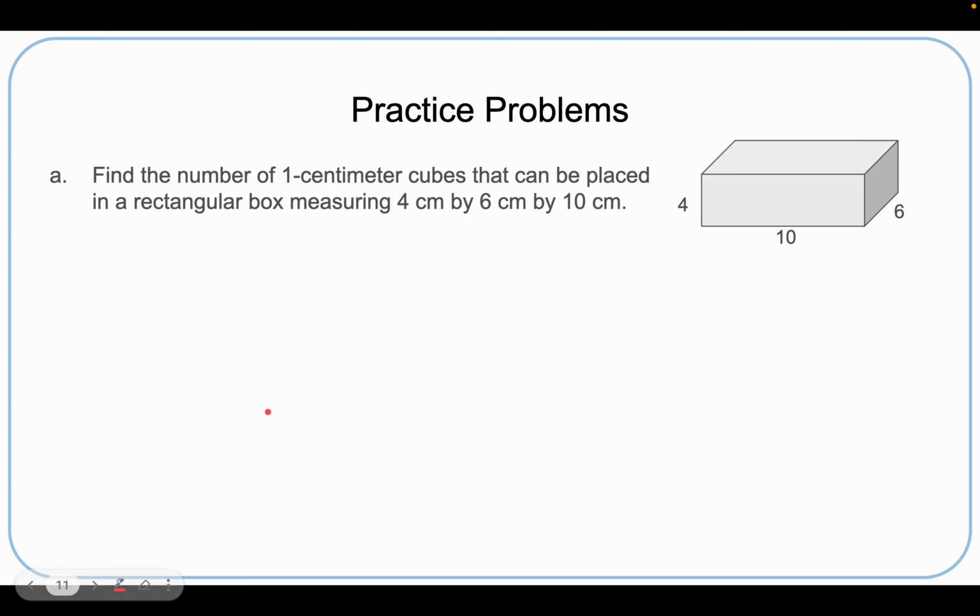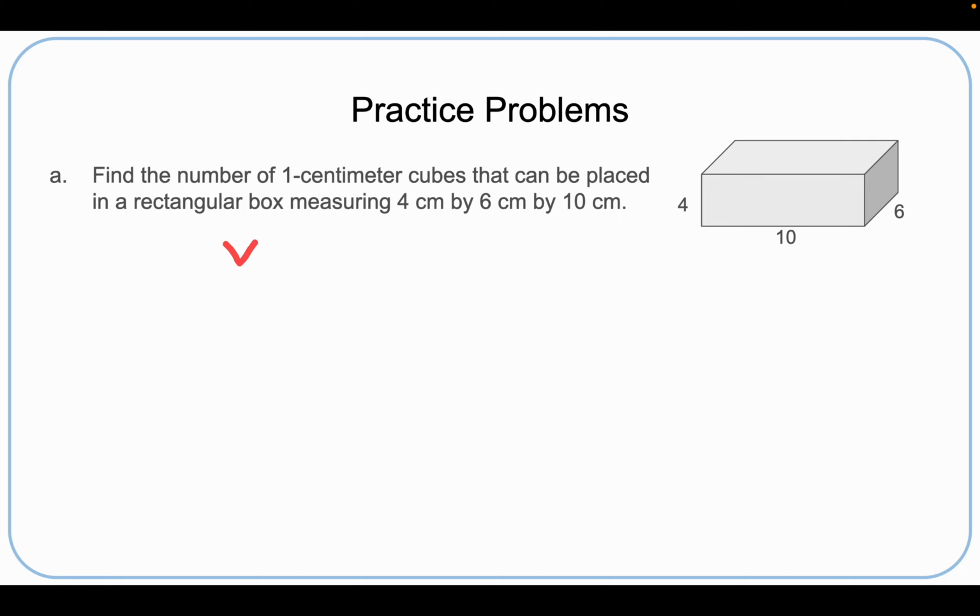Okay, first problem. Find the number of 1 centimeter cubes that can be placed in a rectangular box measuring 4 centimeters by 6 centimeters by 10 centimeters. It really does not matter which numbers we use for base and height and length. You can multiply them any way. So here, let's just say our base is 10 by 6.